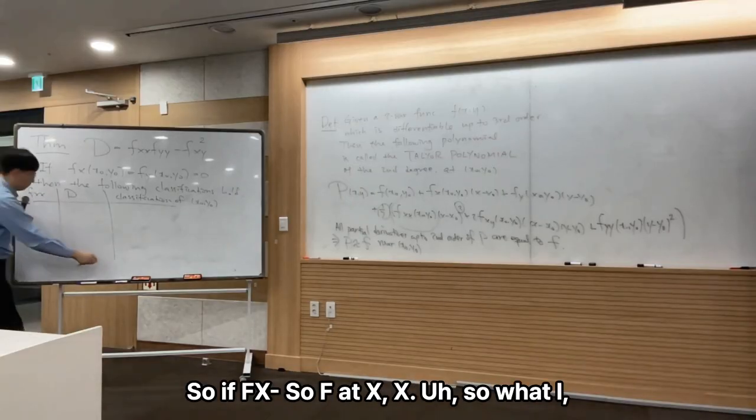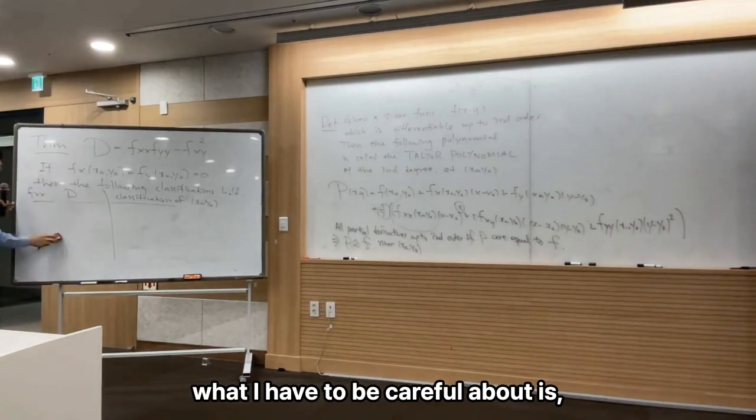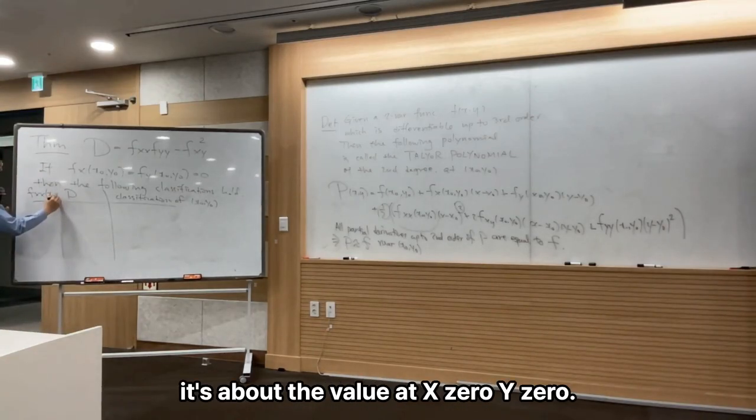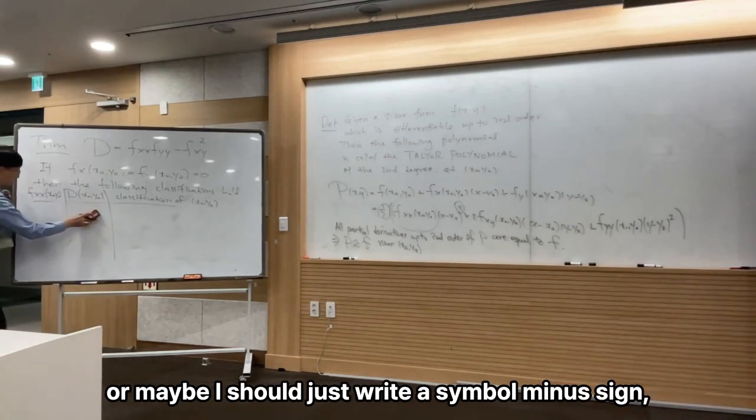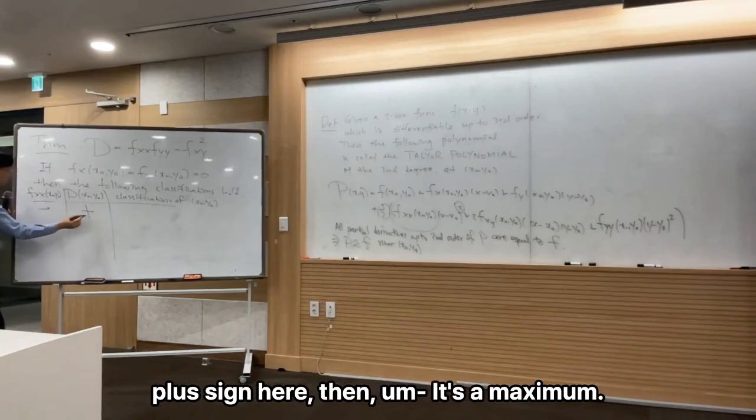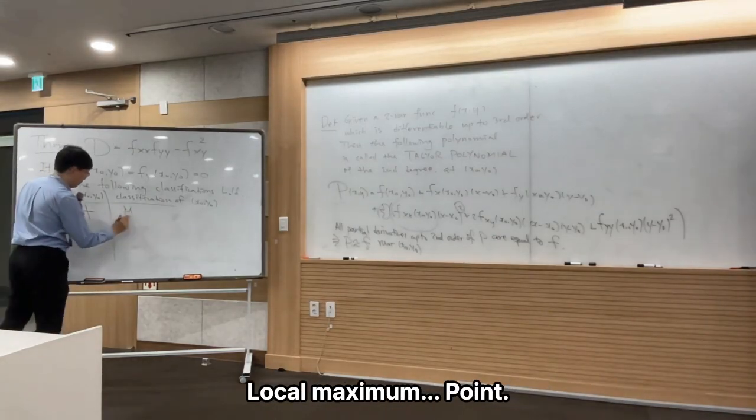What I have to be careful about is that it's not the formula, it's about the value at (x0, y0). If D is positive and f_xx is negative, then it's a maximum, a local maximum point.